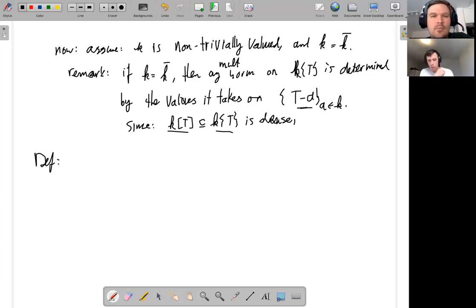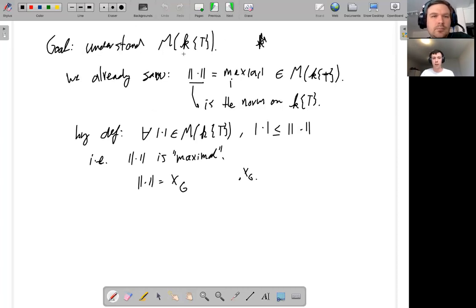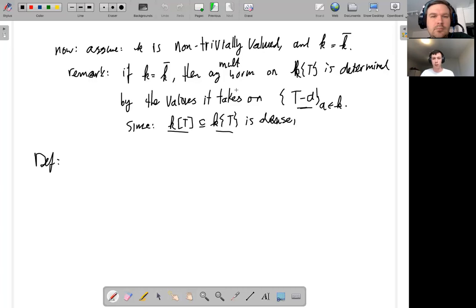Right. So remember, we're going to understand this Berkovich spectrum. Okay. So we have one point, and we have made this observation. Now we're going to describe more points. So we define some disks. One is what is called, I think, a rigid disk.